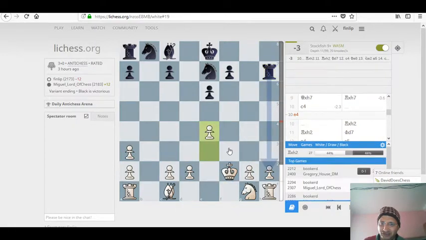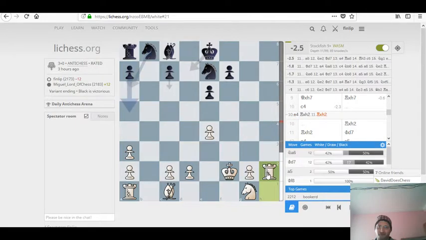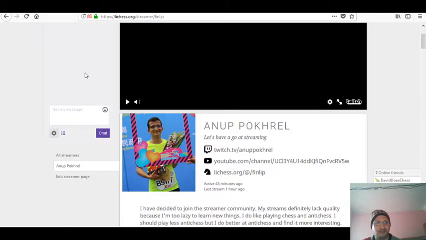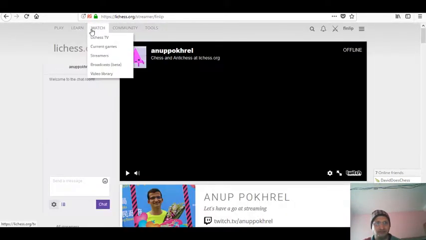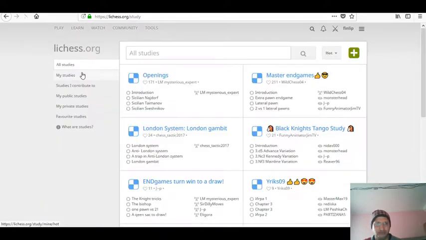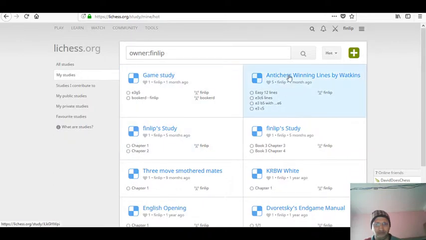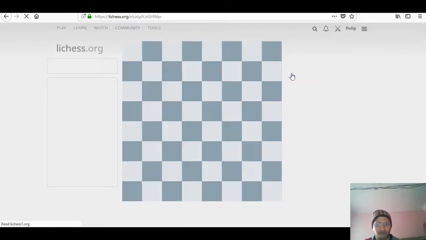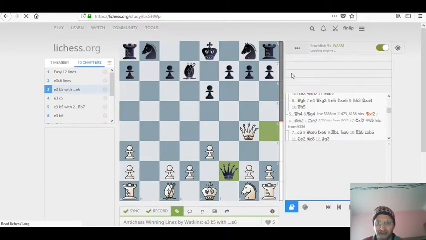If I had played e4, then it would have been this theory. And so from this position I just should have gone back to my study. I want to go back to my study from this page maybe. Let's go to my studies, and the one which I was just looking at. Hope it opens right at that point. Yes indeed.